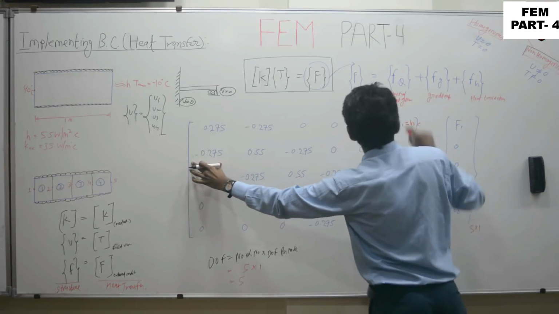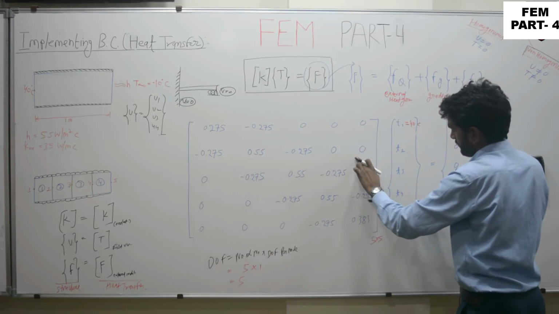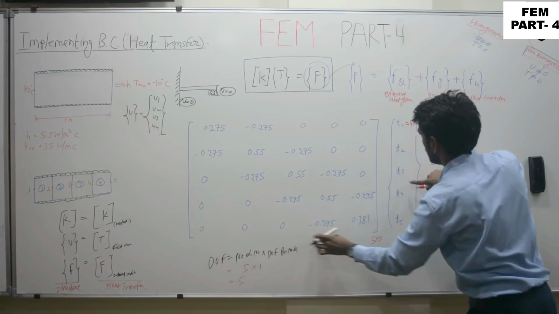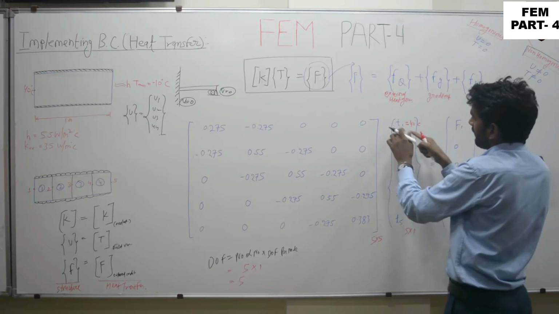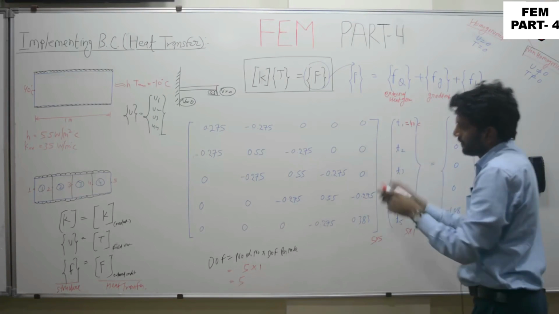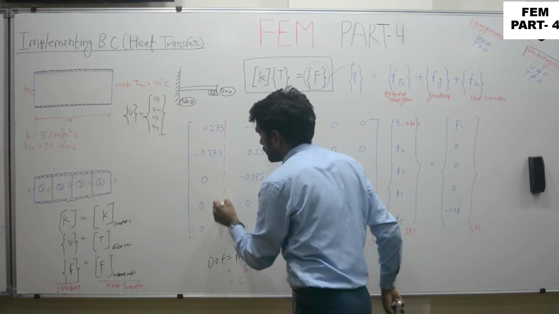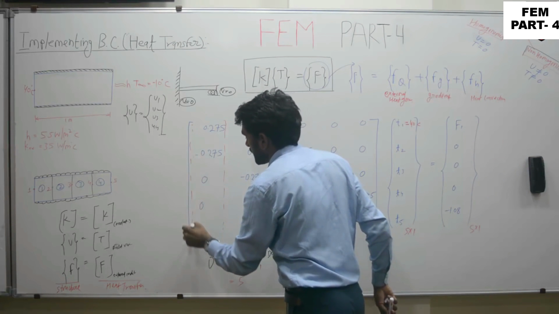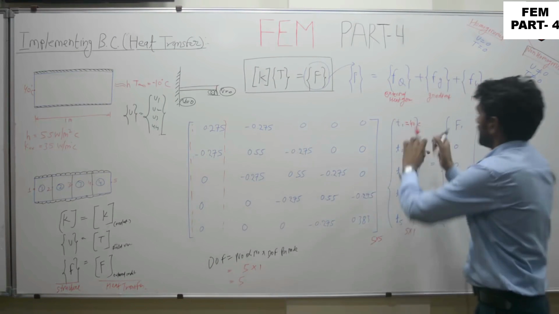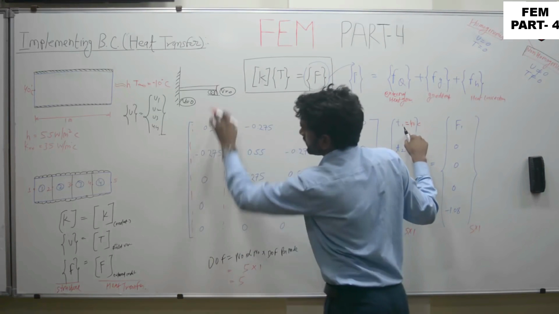Correspondingly for the second row, first element, second element, third element, fourth element, fifth element, and lastly the same for the last row. It means every time you need to share the contribution of T1 with column number 1. This is the simple clue, you need to figure it out. This is 40 degrees centigrade and this is the first column.